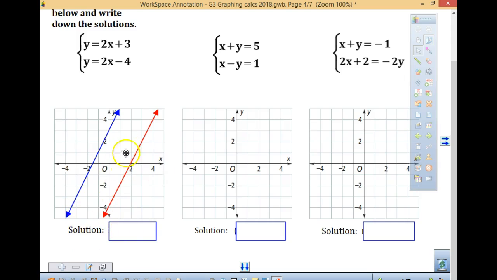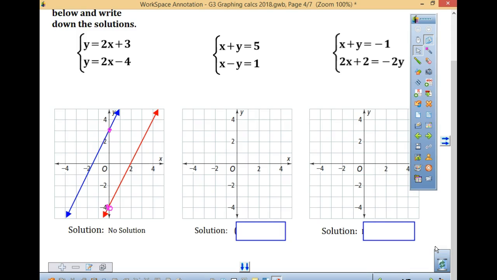We draw that exact same one, and the key thing I'm looking for is you need to make sure you get the right y-intercepts. In that first one the y-intercept is 3, and the y-intercept is negative 4. Once I have those two, I am looking for what our solution is. And our solution should be no solution, right? Okay.